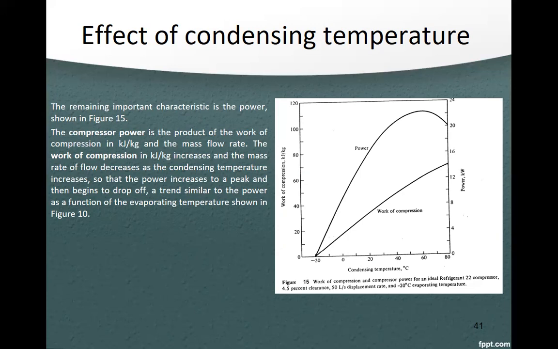The work of compression increases and the mass rate of flow decreases as the condensing temperature increases, so that the power increases to a peak and then begins to drop off, a trend similar to the power as a function of the evaporating temperature shown in figure 10.